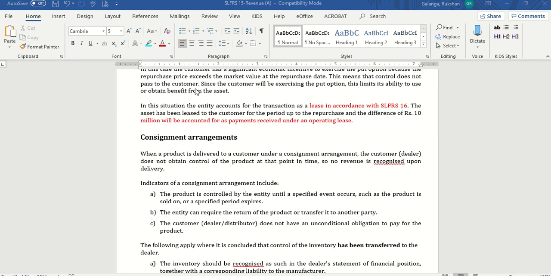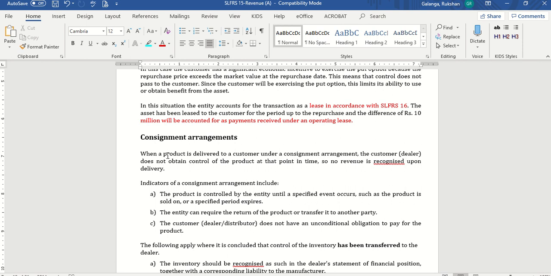So here, at which point should X recognize the revenue in the financial statements? Under the consignment arrangement, SLFRS 15 says that when a product is delivered to a customer under a consignment agreement, here the customer, in the sense the dealer, not the end customer, does not obtain control of the product at that point in time, so no revenue is recognized upon the delivery.